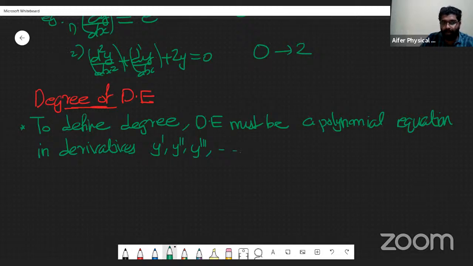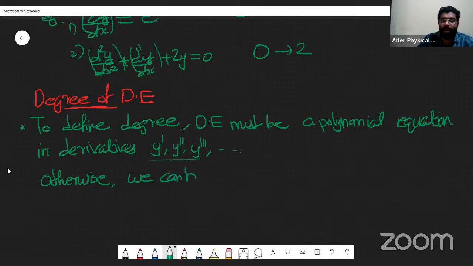So in terms of this, the differential equation should be polynomial. Otherwise we cannot define the degree of the differential equation. Otherwise means if the differential equation is not a polynomial in derivatives, we cannot define degree.